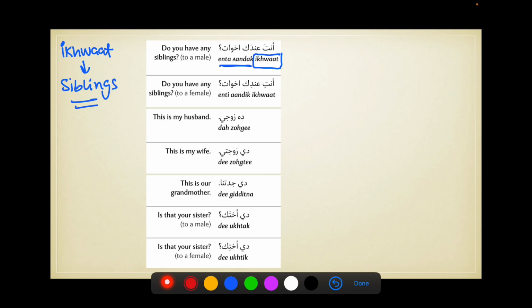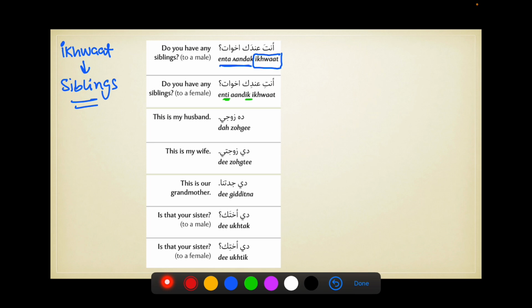So if you raise the pitch of your voice and say anta andak ikhwat, this will mean, do you have any siblings? And now if you have to ask the same thing to a female, you will just replace anta with anti and andak with andik, which will be anti andik ikhwat.